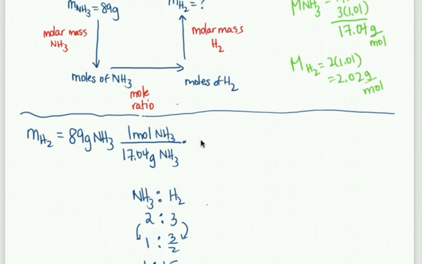With the unit analysis method, instead of doing all of this work, you can stack them with the same idea of trying to get rid of the units. You can think of this as 2 moles of ammonia, 3 moles of hydrogen.